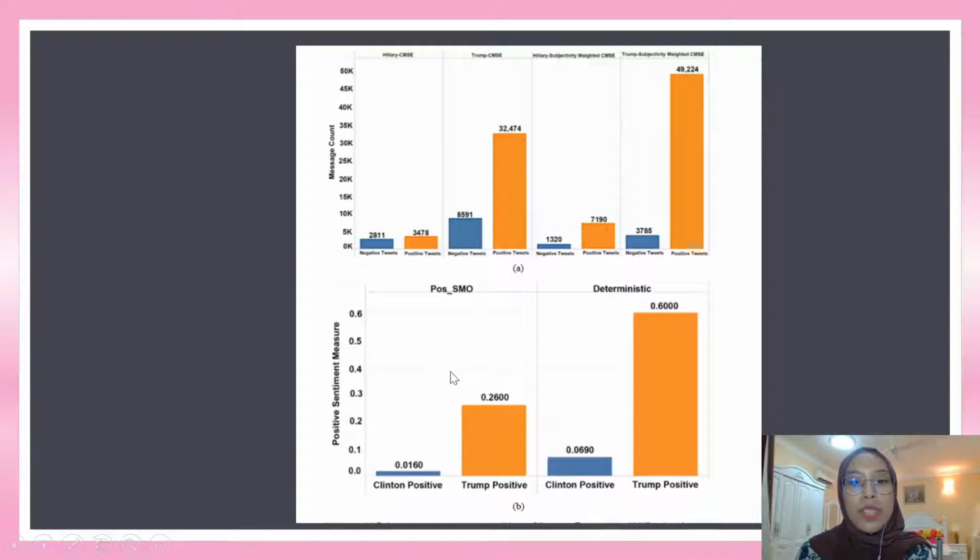Trump had more positive sentiments compared to Clinton, with a difference of more than 0.1. Even based on the deterministic models, Trump had 0.6 positive sentiment compared to Clinton, which was just 0.069.